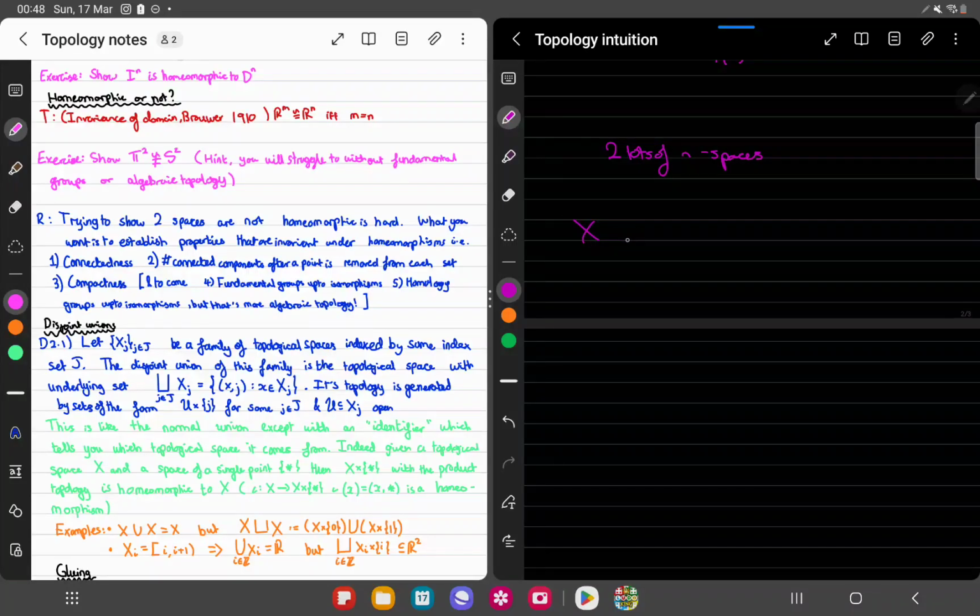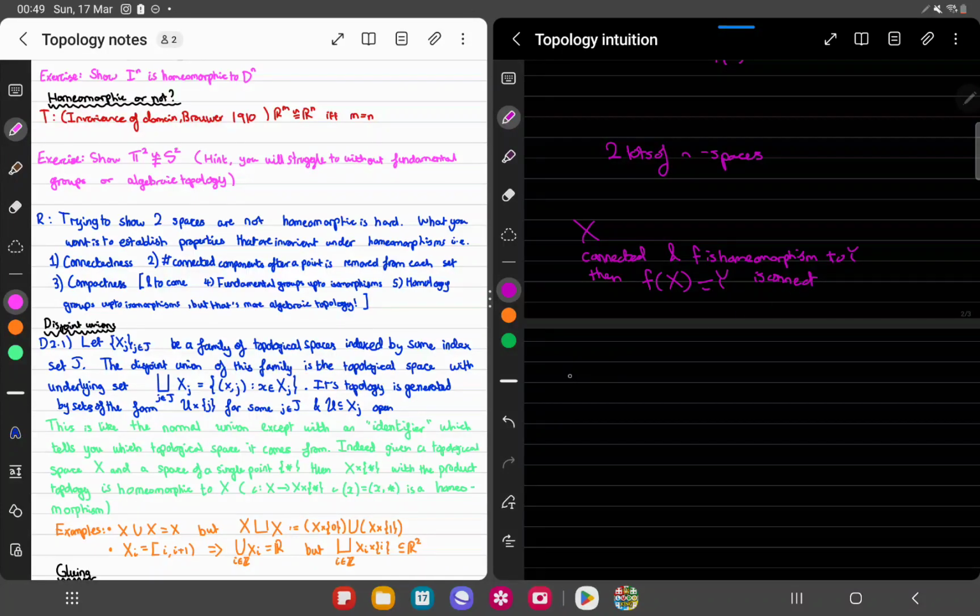If X is connected, and f is a homeomorphism, then I'd expect f of capital X, the space after you've bijected it, which is homeomorphic to Y, to be connected as well.